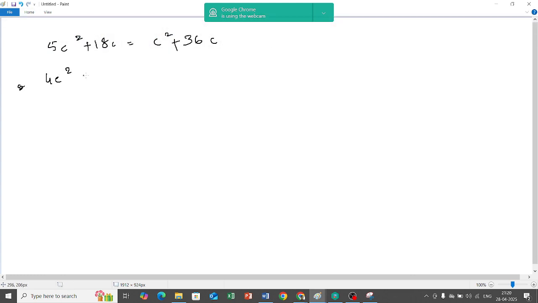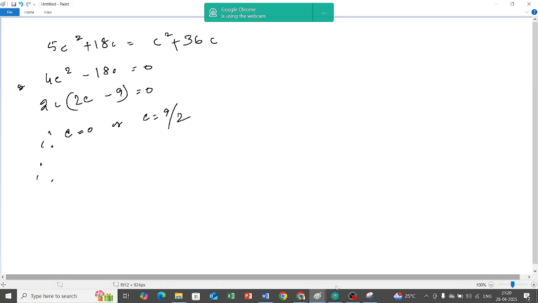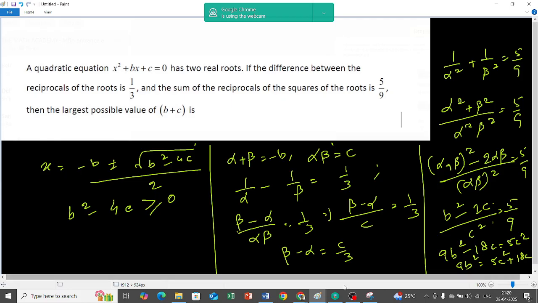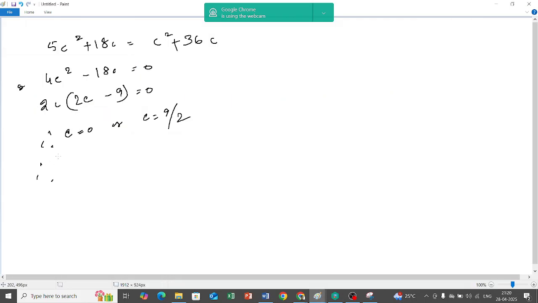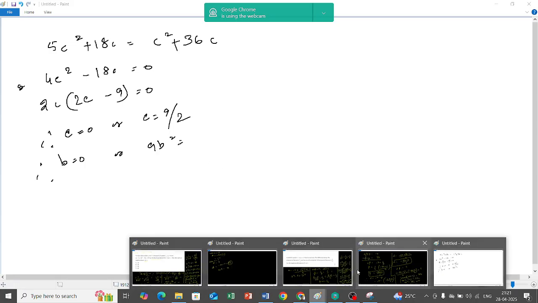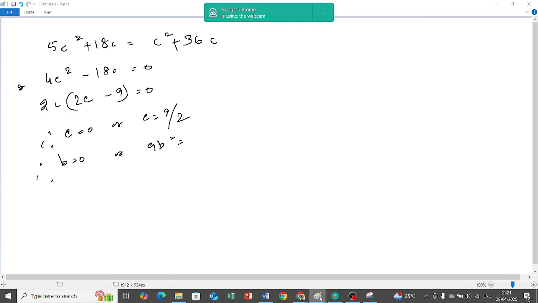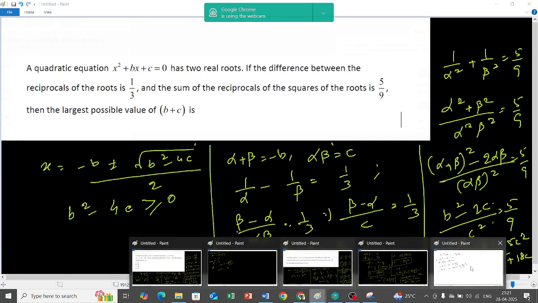4c square minus 18c is equal to 0. So 2c into 2c minus 9 is equal to 0. Now c is 9 by 2. Therefore b is 0 or 9b square is equal to 5c square plus 18c.